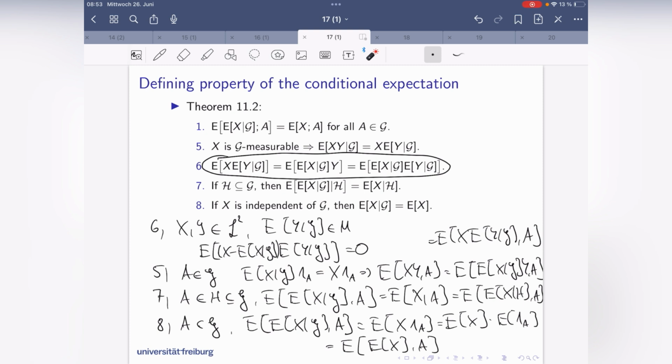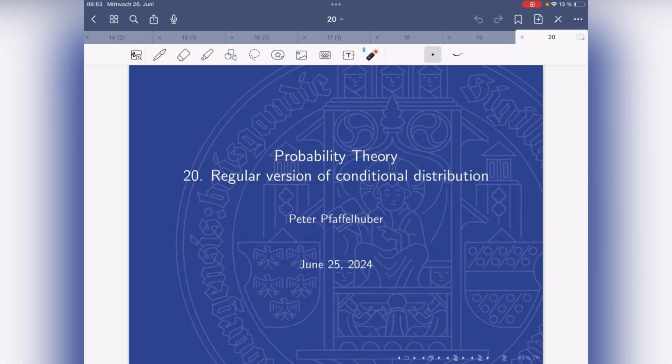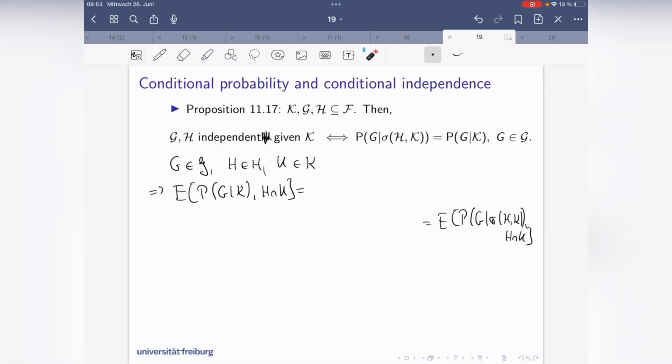And what I will also need is, if I have a conditional expectation of a product, and one of them is measurable with respect to the sigma algebra, which is written down here, I can pull it out. Here, that's basically the indicator of H intersected with K.